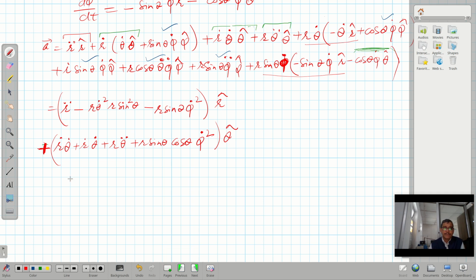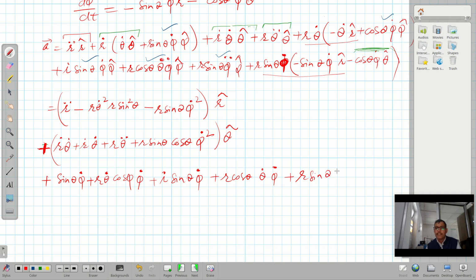So what it will be: plus sine theta phi dot, sine theta plus r theta dot cos phi dot, then plus r dot sine theta phi dot plus r cos theta dot phi dot, and plus r sine theta phi double dot into phi cap. So let us rearrange these terms now.